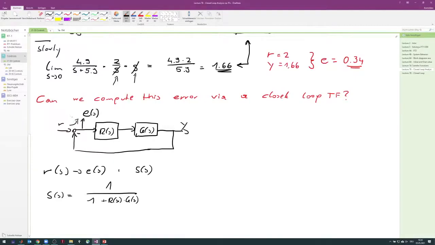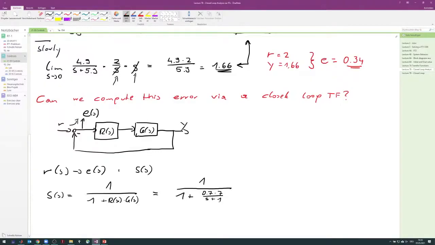It's not that hard in this block diagram. So let's do this. It's going to be 1 over 1 plus 0.7 times 7 over S plus 1.